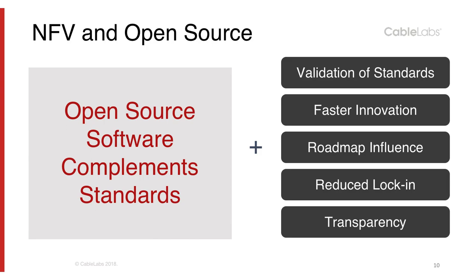And the last is transparency. An open source project is not just open in terms of the software, but also in terms of the process. The build process is open. The integration process is open. The testing process is open. How features get prioritized is open. So there's just tremendous transparency in an open source project.